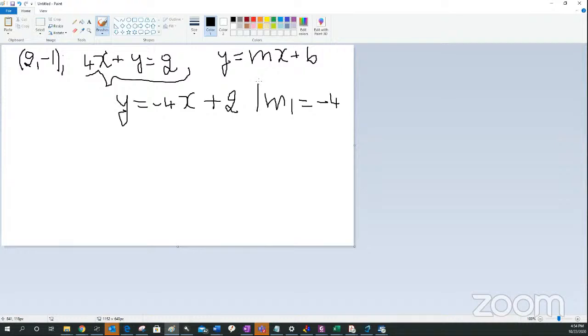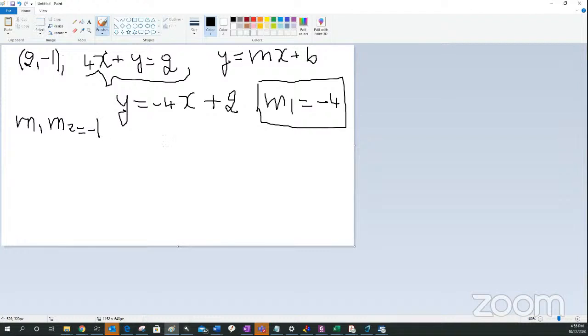And we all know that the definition for perpendicular lines is that they are perpendicular if m1 times m2 is equal to negative 1, right?